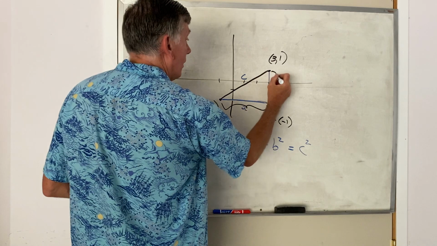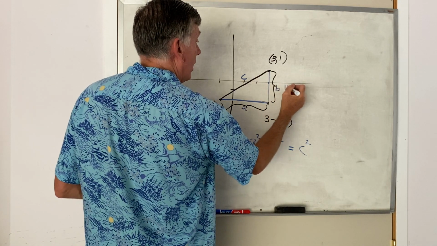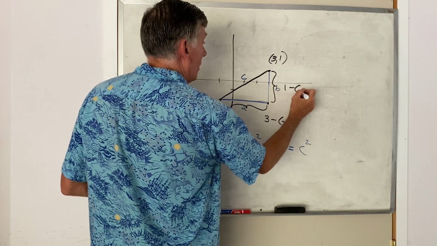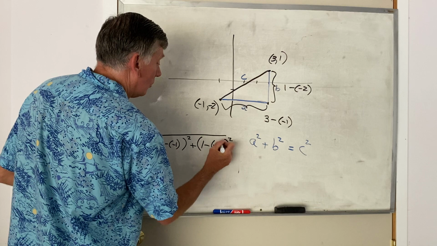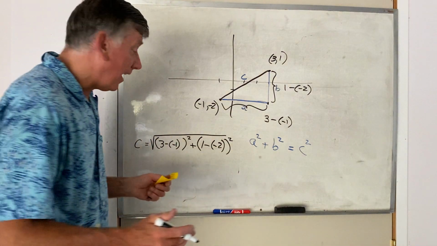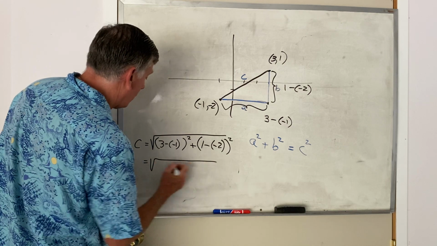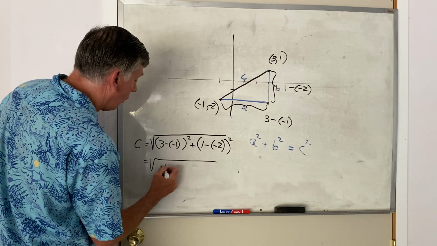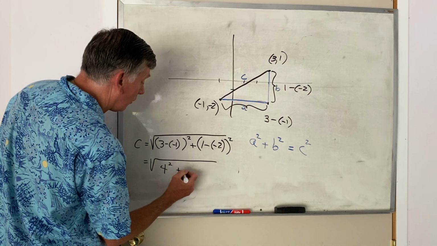And this length here is going to be 1 minus a minus 2, which if you remember from your signs, this becomes the square root of 3 minus a minus 1 is 4 squared, plus 1 minus minus 2 is 3 squared.